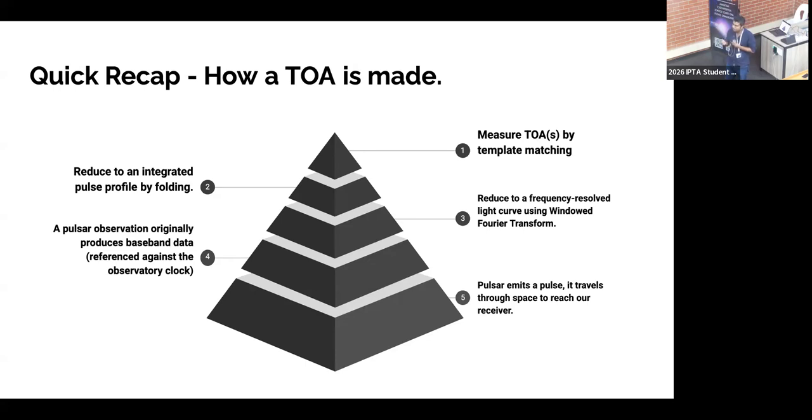Some telescopes don't produce this light curve at all. They only produce the profile in pulsar observation mode, so you don't even have that kind of freedom to choose. I don't think there can be a uniform procedure, because different telescopes have different data structures and such. So not all observations are made equal.